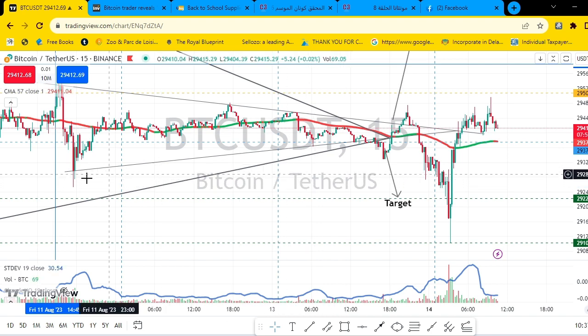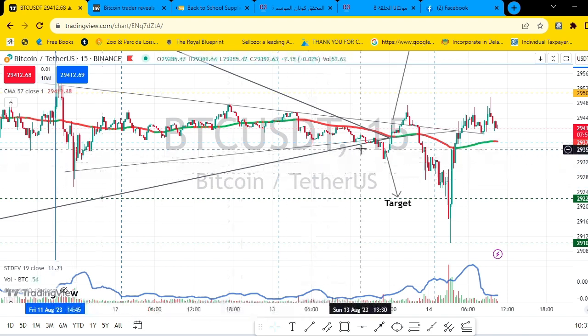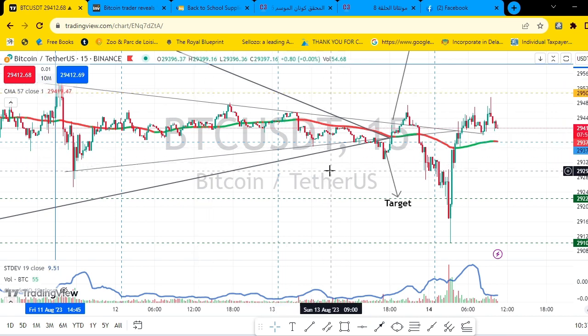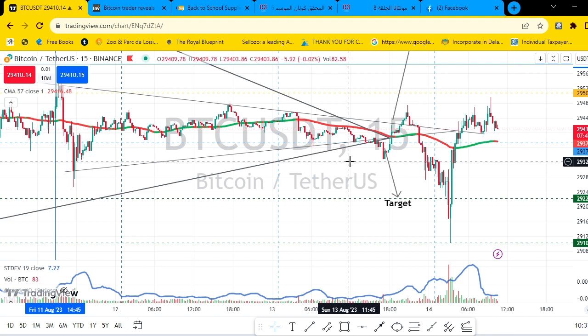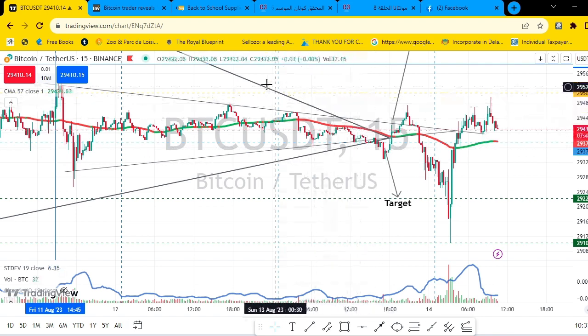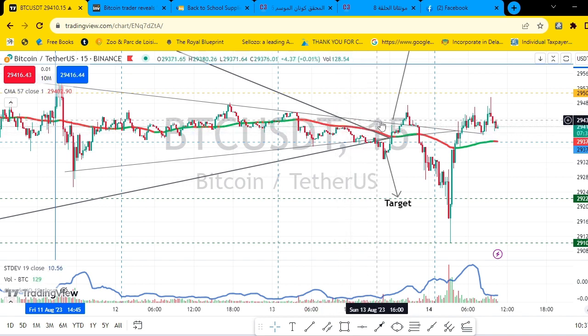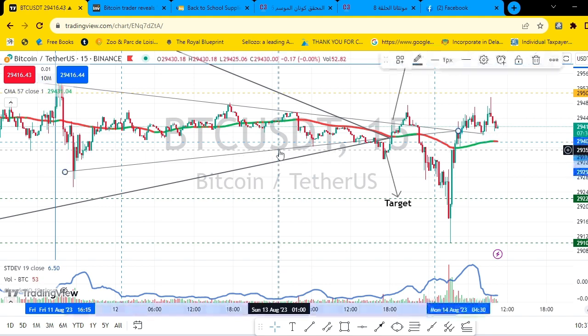What I do is draw the minor trends and make them like a trap for the price to break out of those areas, those lines. So these are the major lines, and here these are the minor trend lines.